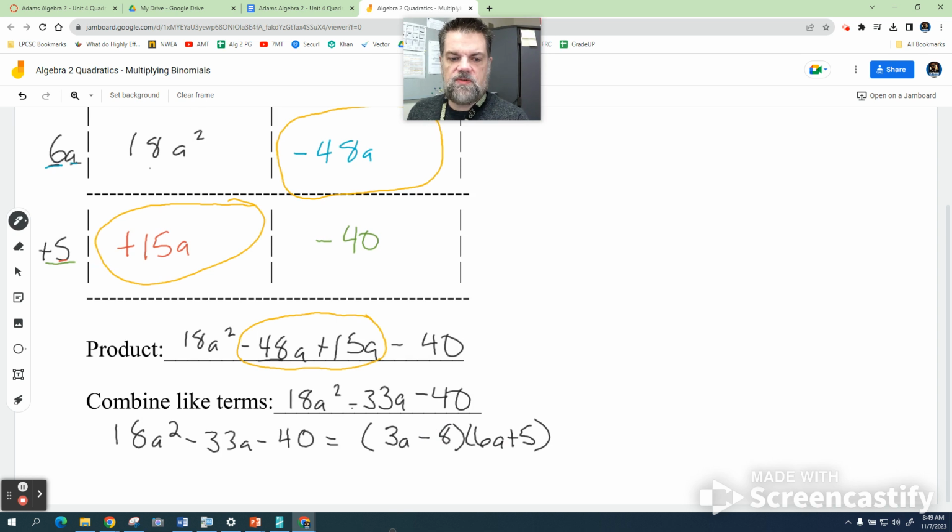I want you to write this down in your notes. Also, in your notes, write down, these are the factors. And this right here is actually the simplified product. Okay? But this is a quadratic.